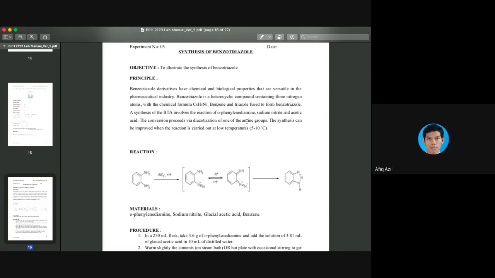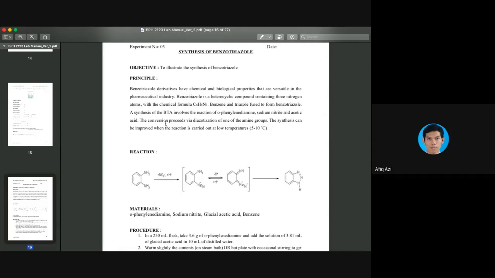So normally the synthesis of benzotriazole involves the reaction of orthophenylenediamine, this is your starting material, and sodium nitrite, NaNO2, and also acetic acid.